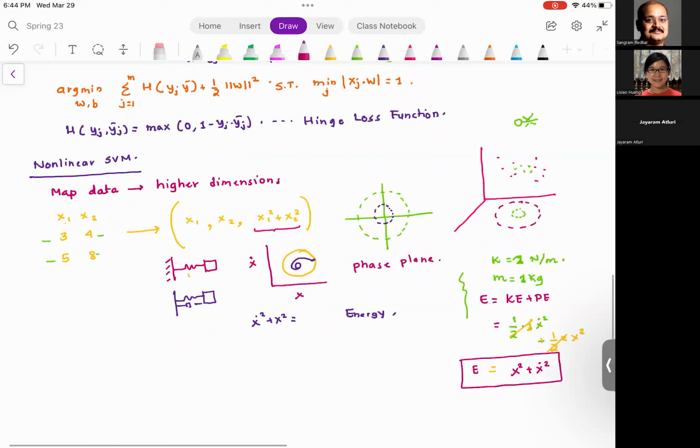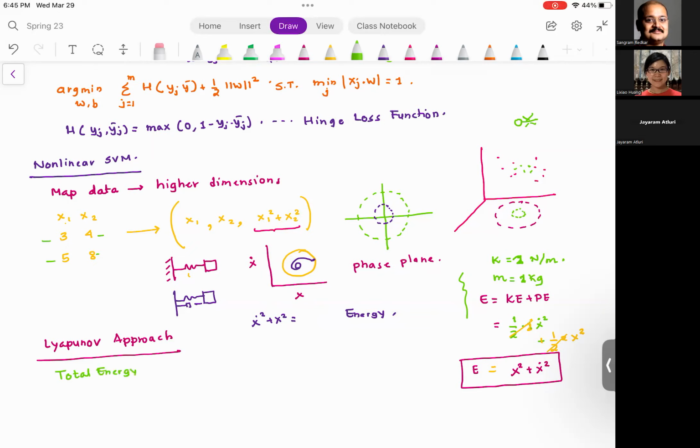And that is the basis of something called Lyapunov techniques, or the Lyapunov approach. And this is a very famous technique in dynamical systems and controls. What you do is you find the total energy of the system.